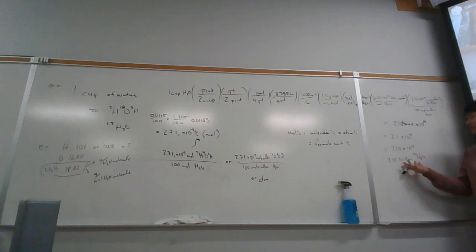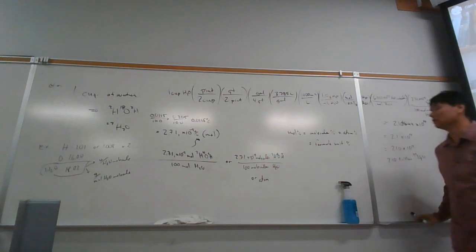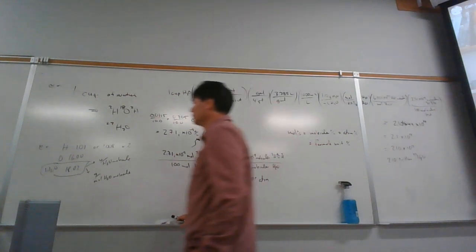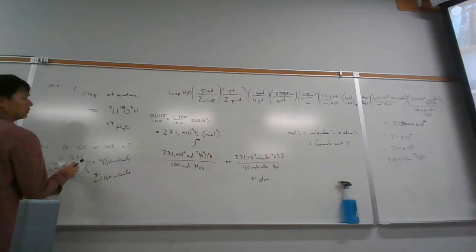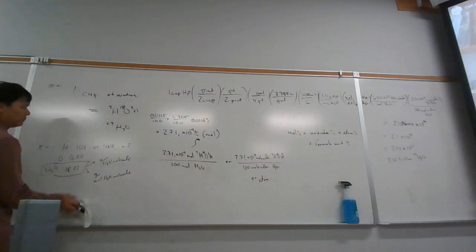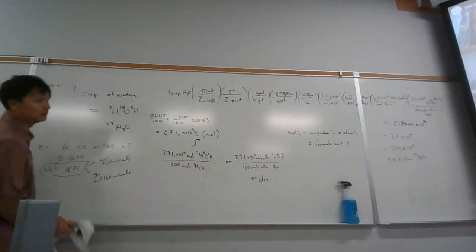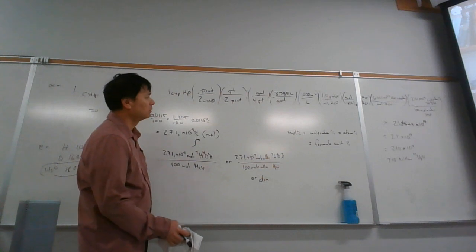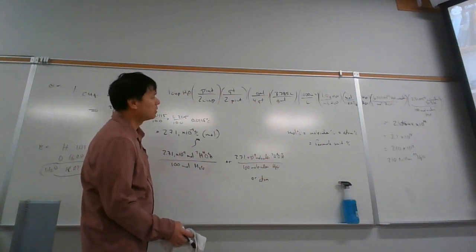But to put this into perspective, how many grams is this? How many grams of water? It's 236.5625. I calculated it at the beginning when we had grams of H2O.